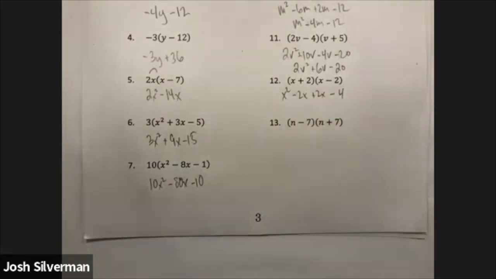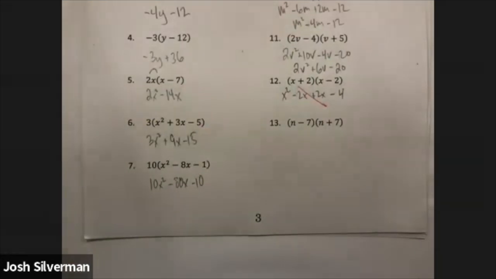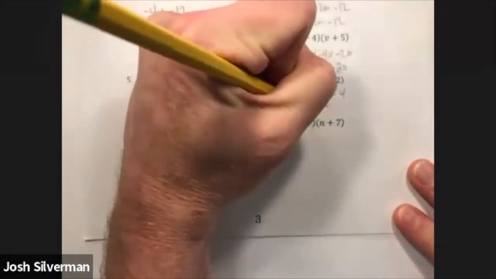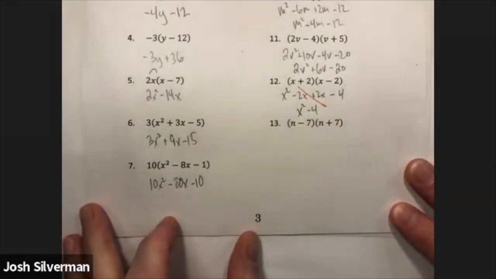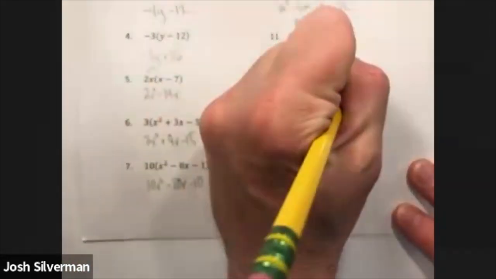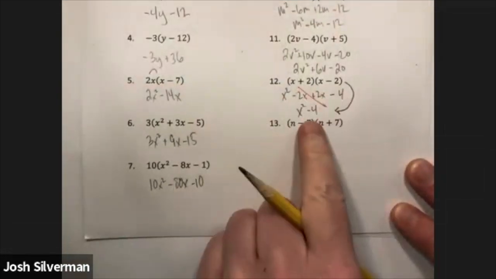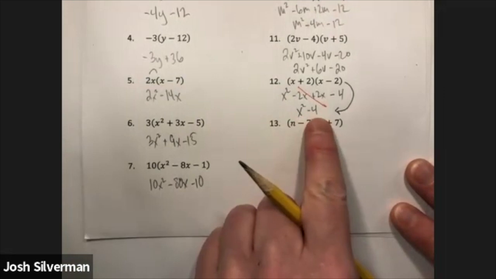A minus 2x and a plus 2x, they cancel out completely, leaving behind only the x squared minus 4. The middle terms cancel each other out. And after we're done multiplying, we're left with a binomial. There is no x term. There's only the x squared and the constant.